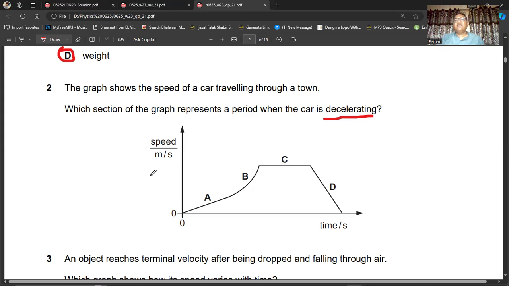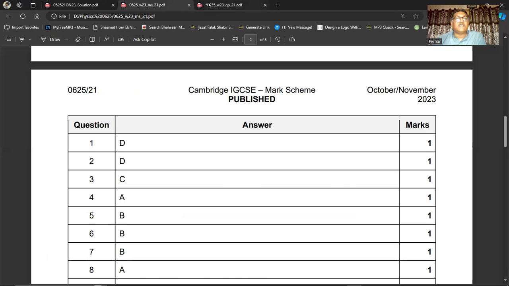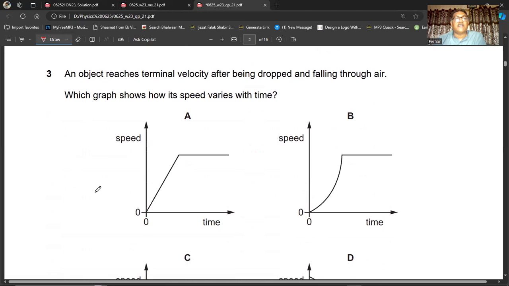Negative gradient means that as you move to the right, the graph is going downward. That is the portion where the gradient is negative, and that represents the deceleration. So I think D is the choice here. The answer is right. D is the right choice.